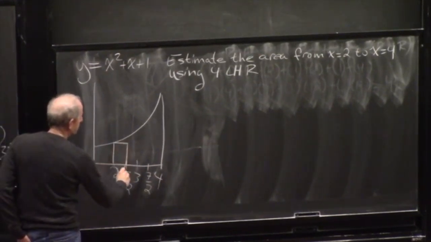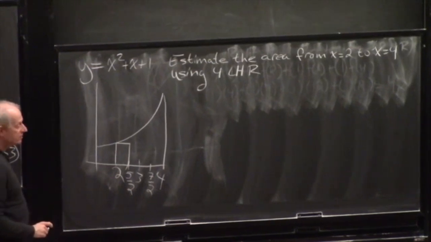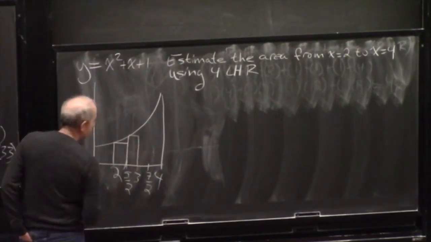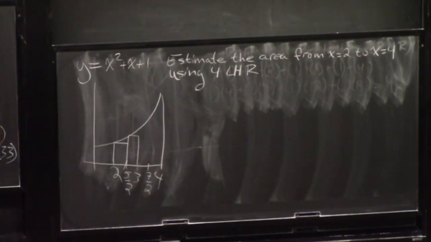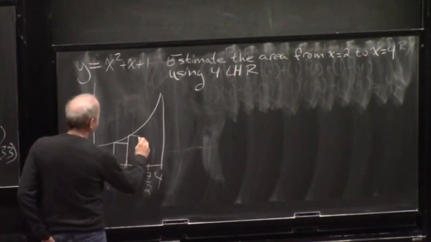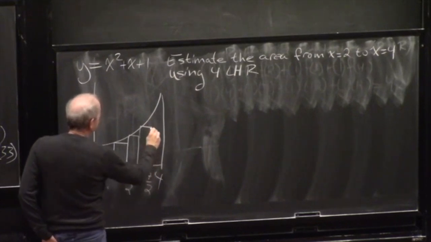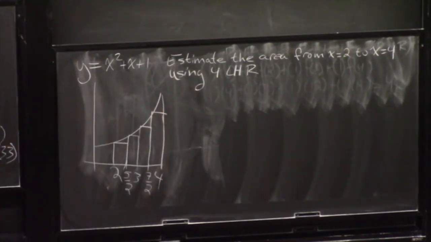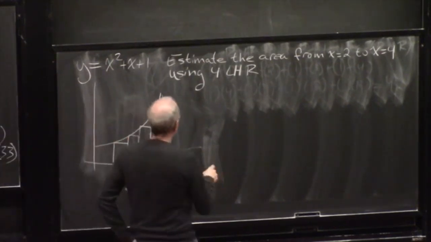It's 2, and going across. And from 5 halves to 3, you take the left side, that's 5 halves, and go across. And from 3 to 7 halves, and then from 7 halves to 4.